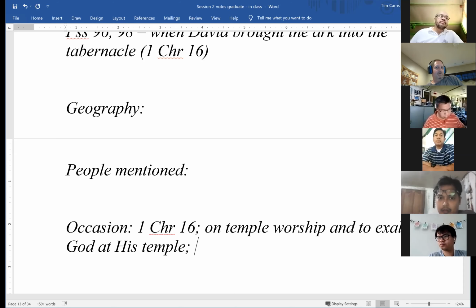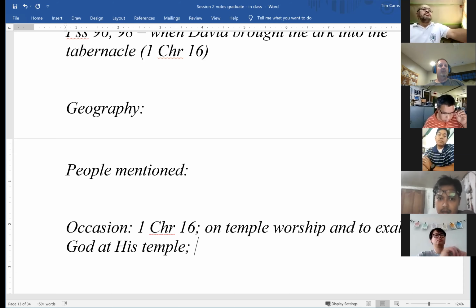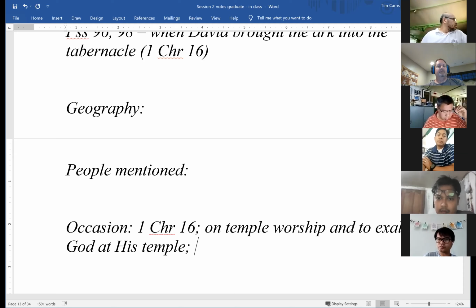Now, we can't be certain. We don't have a title that tells us explicitly when this song was written, but I think we can gather enough evidence from within the psalm to make a good case that this was the likely occasion. You guys following me?